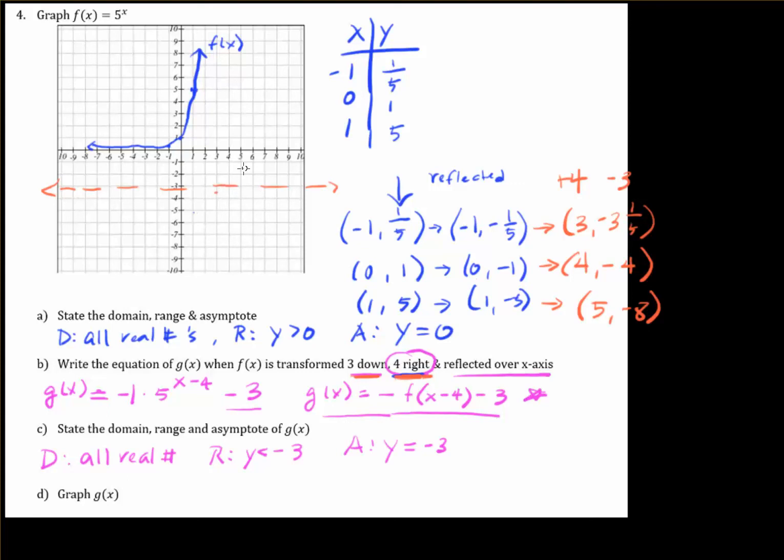Okay, 4 and -4, and 5 and -8 over here. Let's go ahead and connect all those. Okay. And there's my new g of x. Any questions? Pretty straightforward. Just do it step by step, guys. Good job.